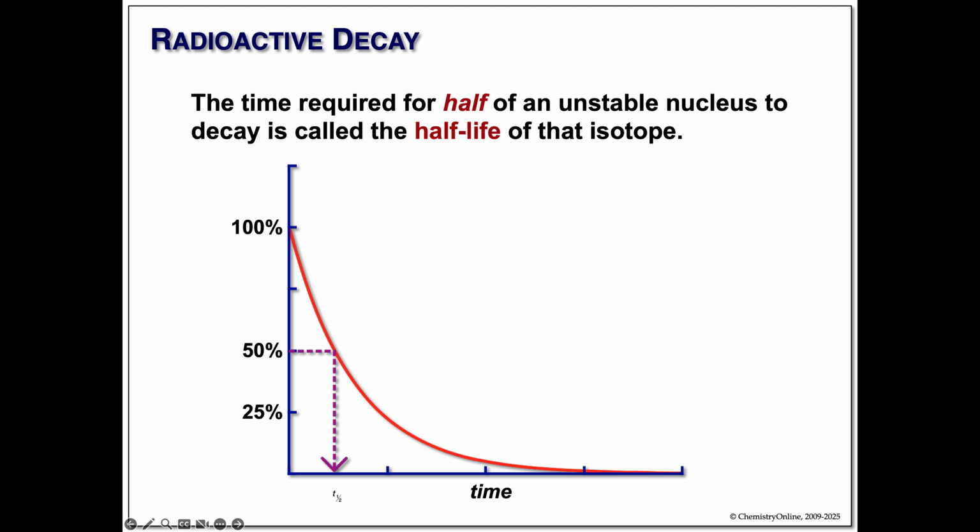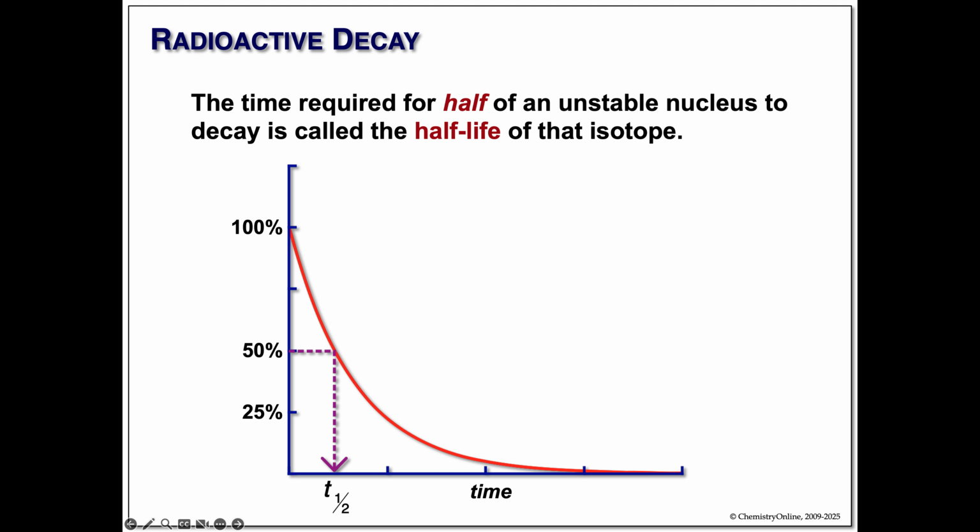All right, how long does it take for this to happen? We measure radioactivity decay using what's called a half-life. So if we start off with a certain mass of, say, uranium, we wait until it has decayed so there's only half as much left.